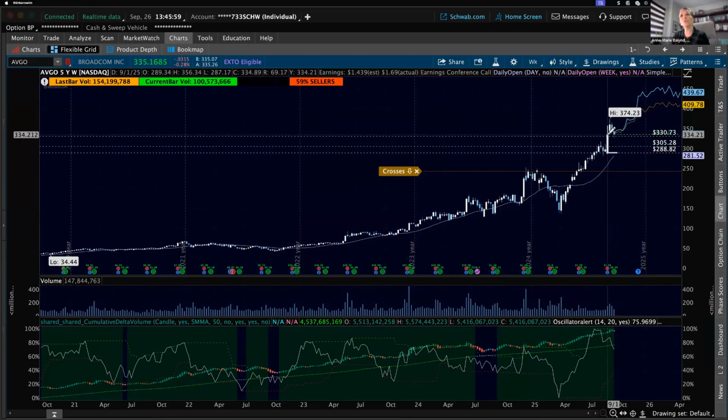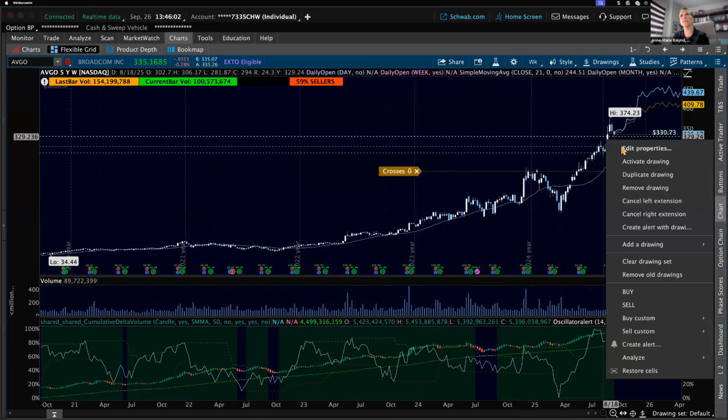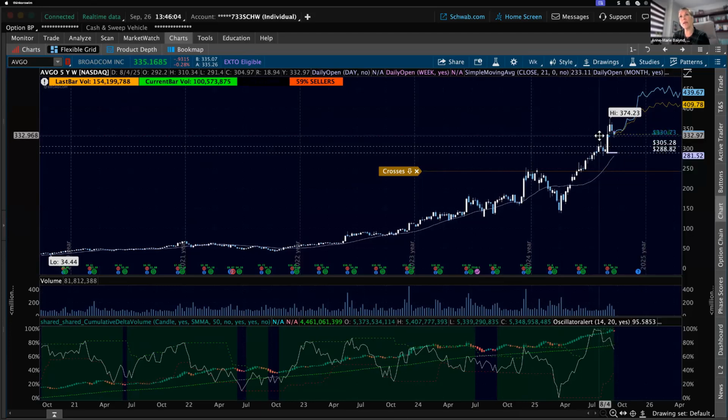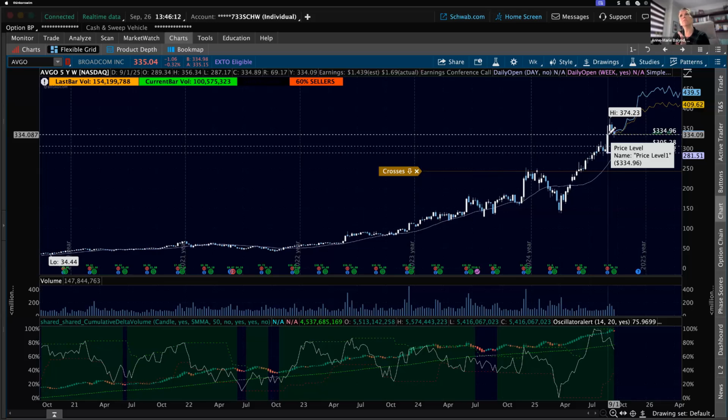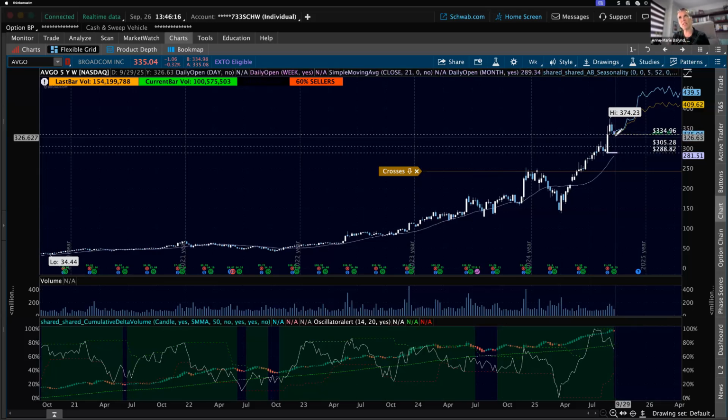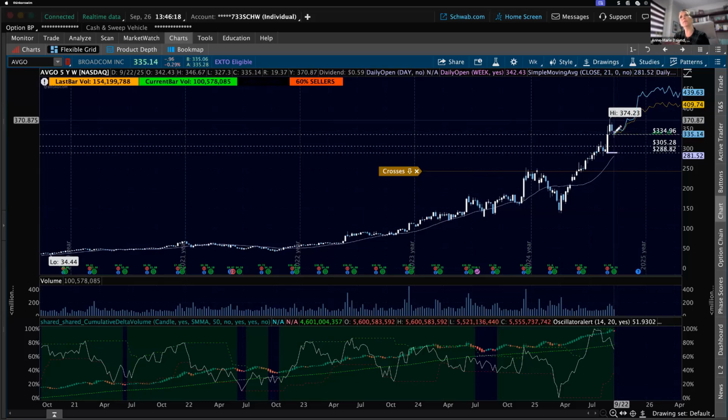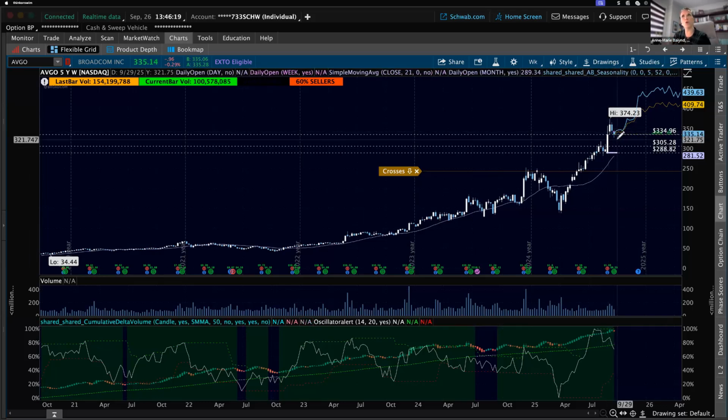It's the close of the week that presented earnings. So a lot of traders are going to say, this looks pretty good. As long as I hold above this 330 area, I'm going to be in pretty good shape. And as the market dipped today, it came back up, holding the zone, looks pretty good.